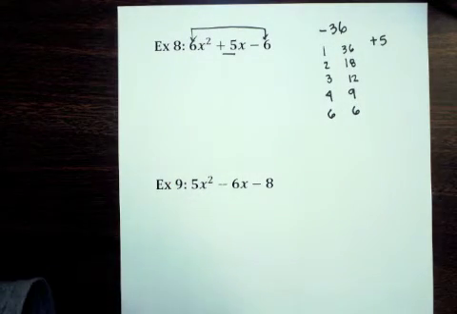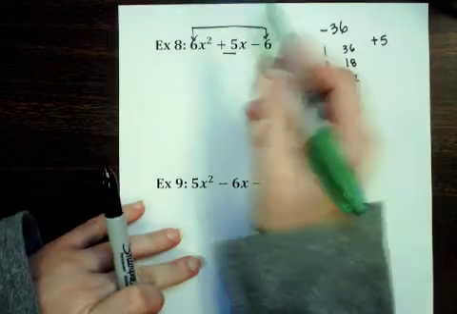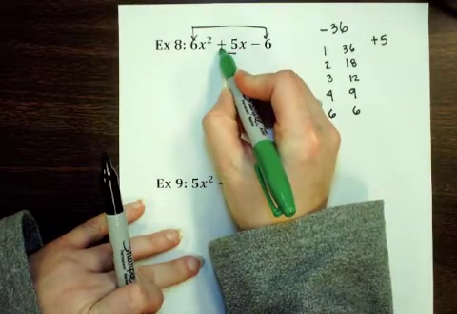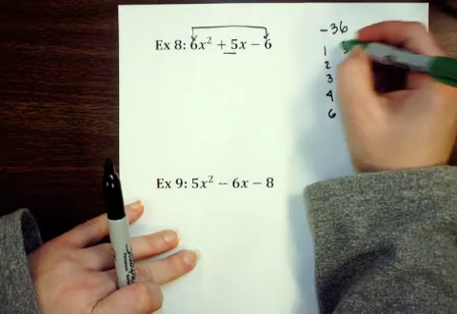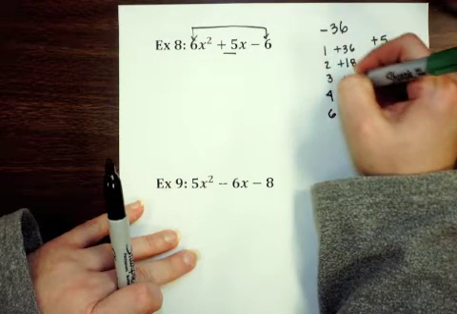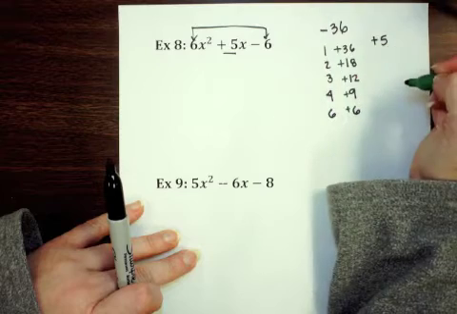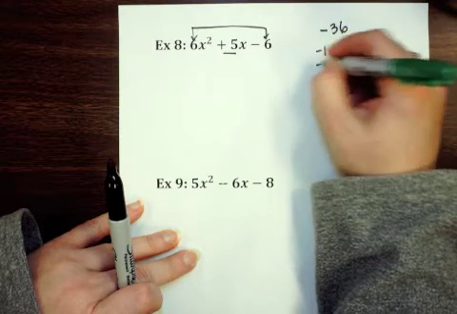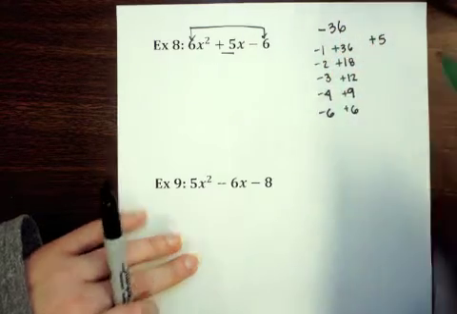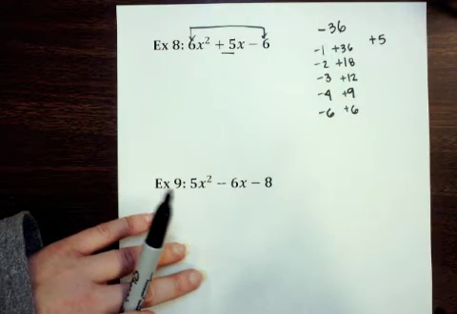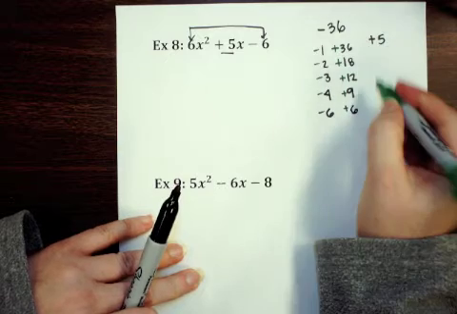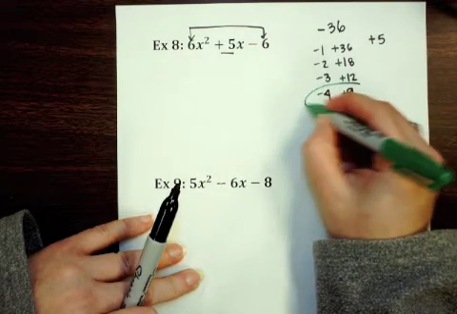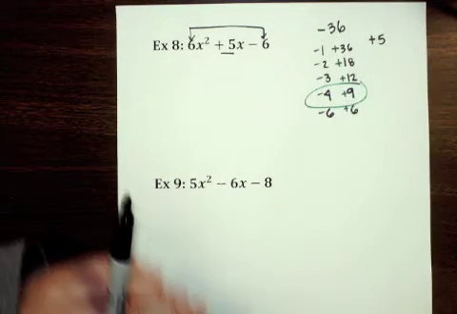And how do I know which one gets the negative? Well, in this case, I want a plus sign in the end, so that means the bigger number is positive. And this is my bigger set over here. So those are all positive, which means these are all negative. And which one of those pairs will give me a positive 5? Okay? This is the only one that will give me a positive 5. So that's where I start.